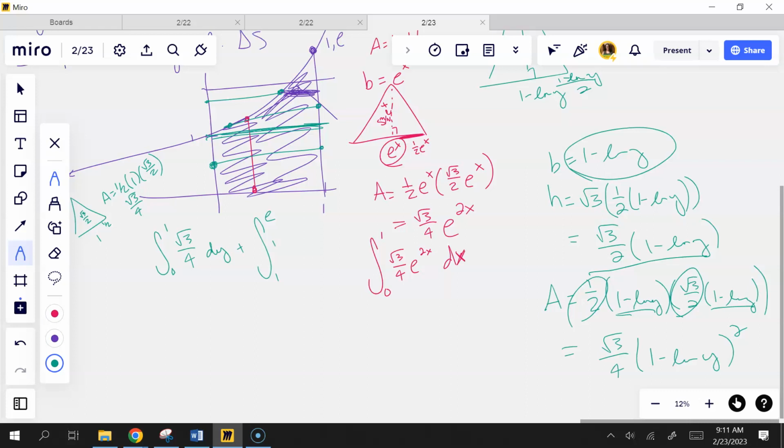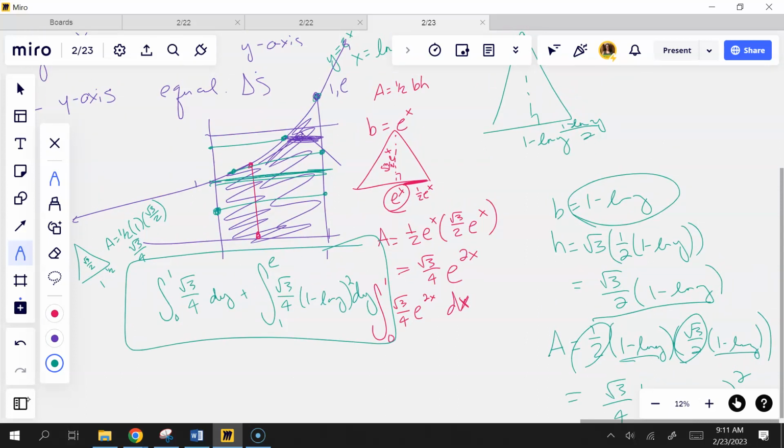So this is square root of 3 over 4, 1 minus log y squared. Look at your y value. They gave me this point in the original graph, 1, e.